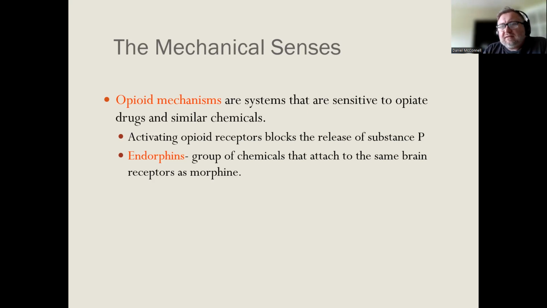On the neurons that have opioid receptors, this performs an inhibitory effect that blocks the release of the neurotransmitter substance P. So, of course, this is how endorphins or even opiate medications reduce the intensity of pain, because this prevents substance P from being released by these other neurotransmitters.